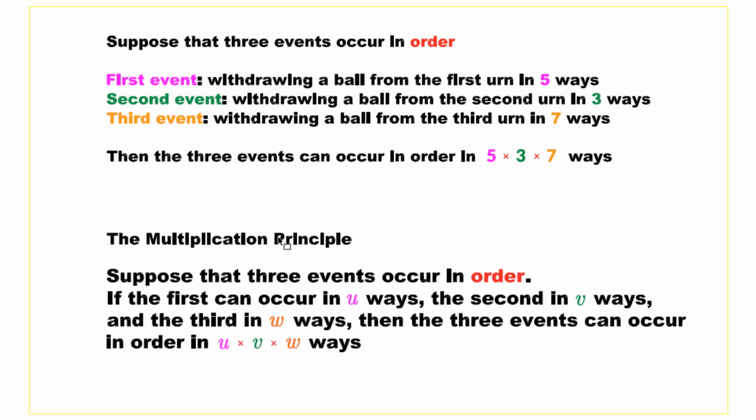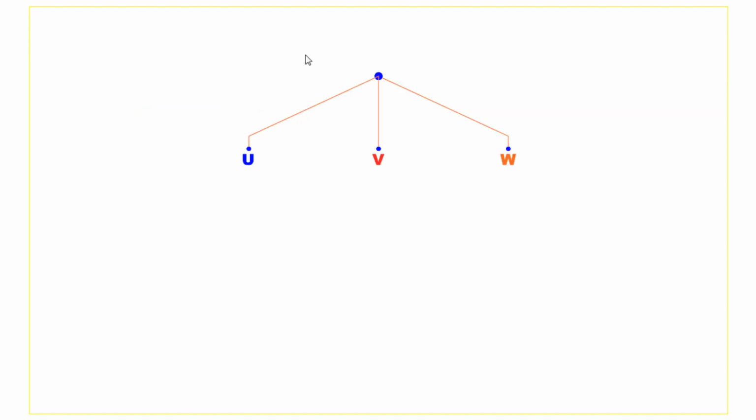Now we can write that in a formal way. Suppose that 3 events occur in order. If the first can occur in U ways, and the second in V ways, and the third in W ways, then the 3 events can occur in order in U times V times W ways.